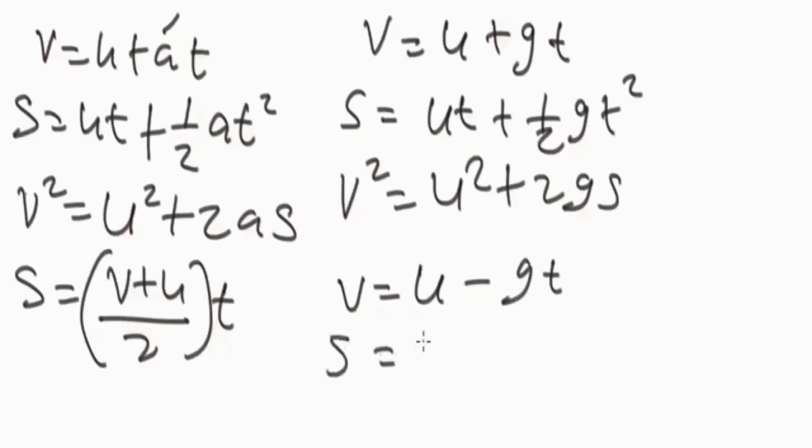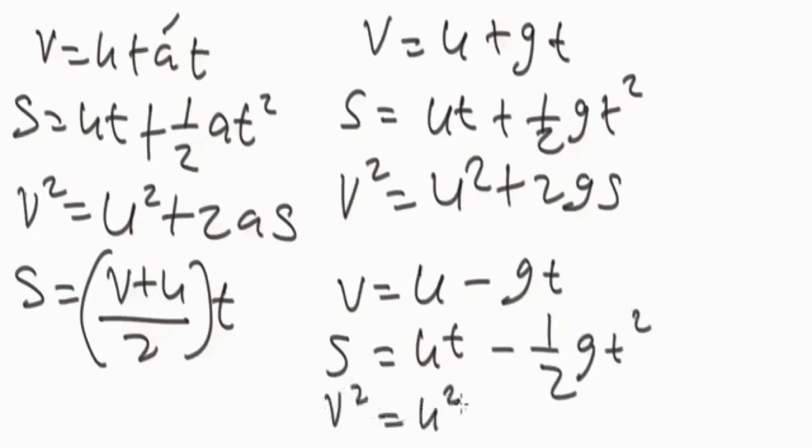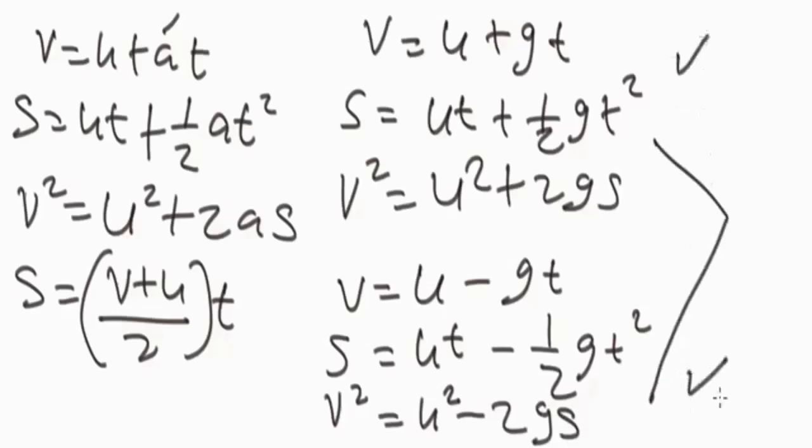Same is applicable to ut minus half gt squared, and v squared equals u squared minus 2gs. So take note of this variation. This one is responding to gravity, this one is going against gravity.